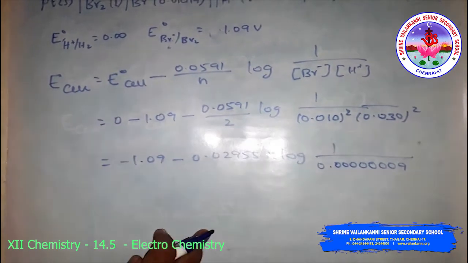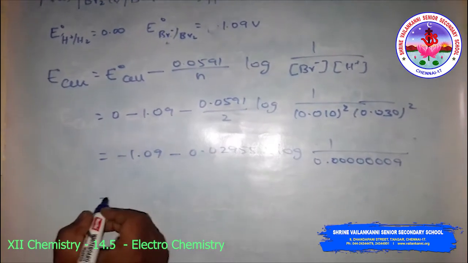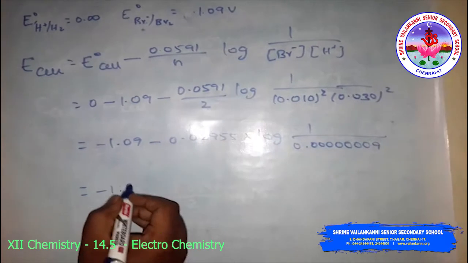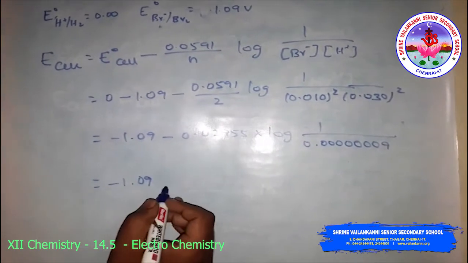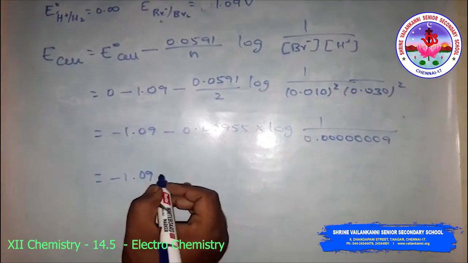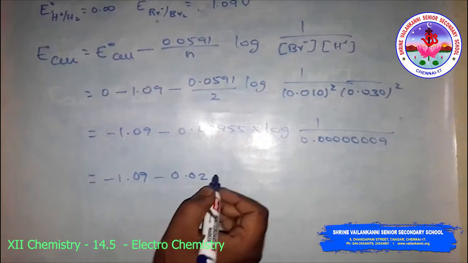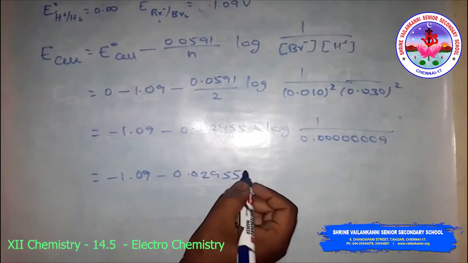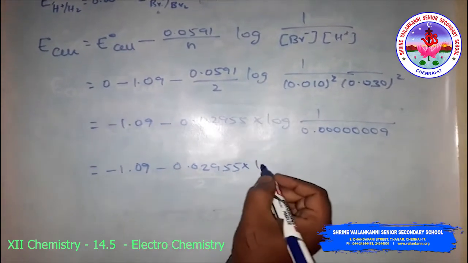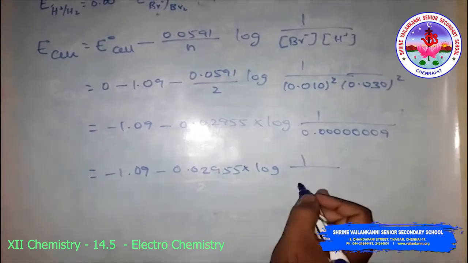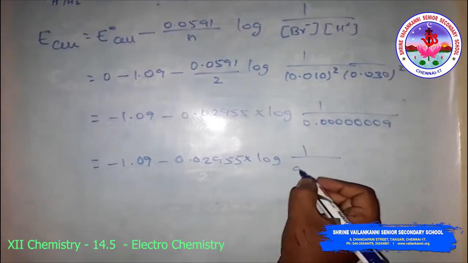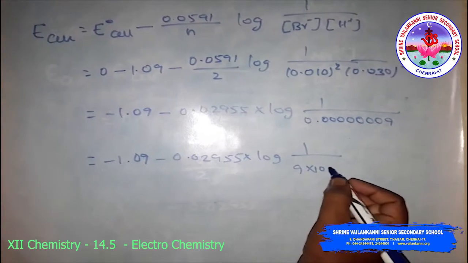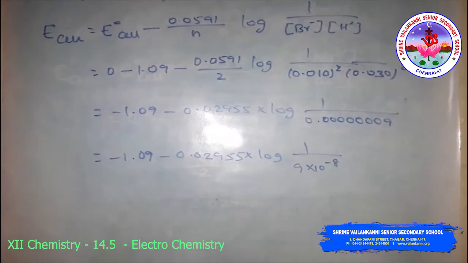So this is the value. Then after simplifying, you'll get minus 1.09 minus 0.02955 into log of 1 divided by 9 into 10 power minus 8.